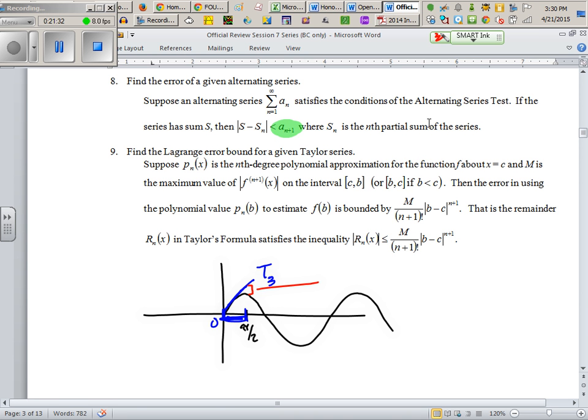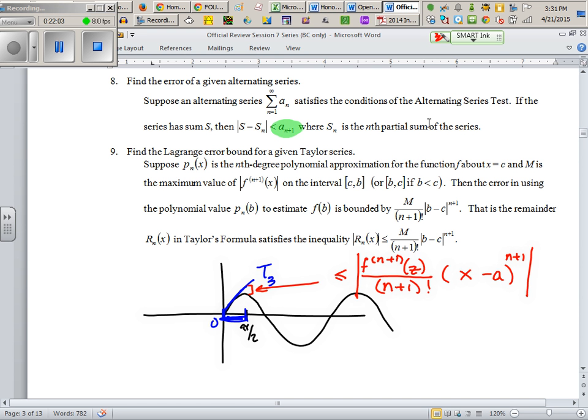But that gap right there is going to be basically less than or equal to, and then we just use the n plus first derivative evaluated at z, over the n plus first factorial, times x minus a to the n plus 1. So it's kind of, again, the next term.